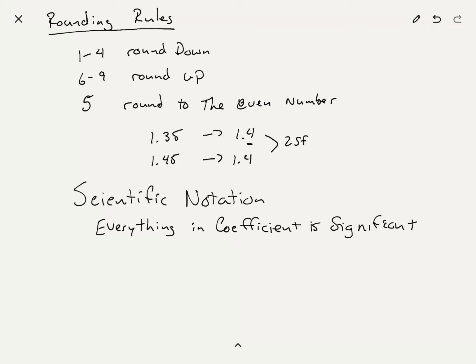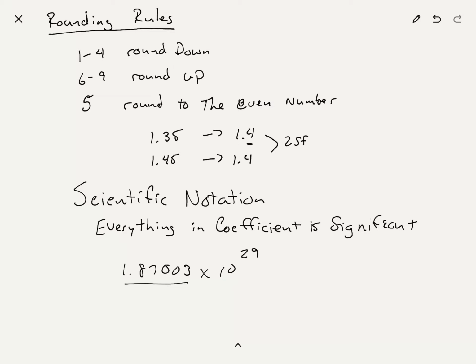So we have 1.87003 times 10 to the 29th. I don't know. So that would have 6 significant figures because everything is significant.